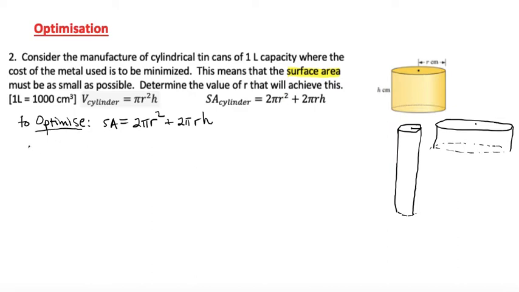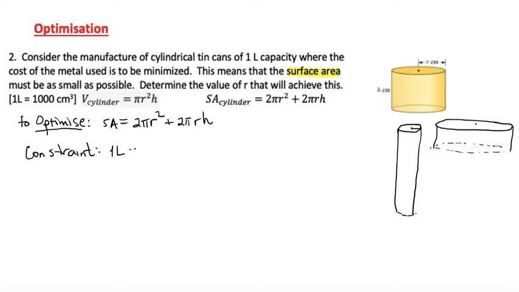Okay, so let's look at what our constraint is. The constraint is that we must contain 1 liter of volume. I've put the conversion here: we're going to have to convert it to cubic centimeters.